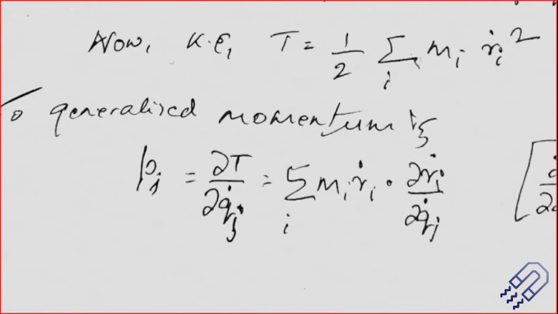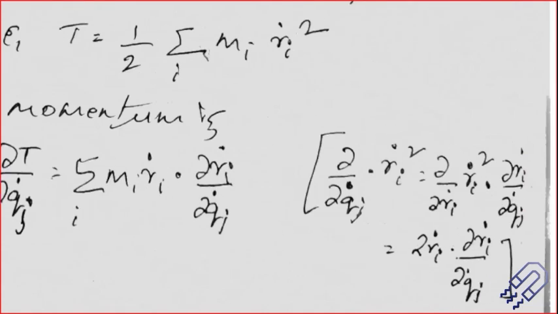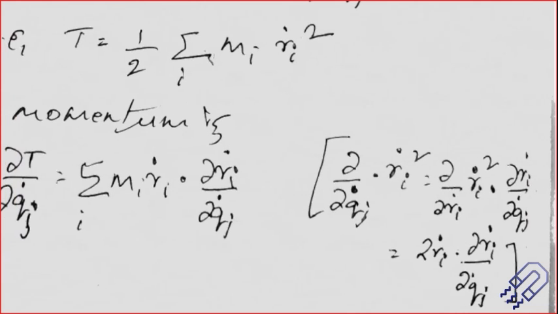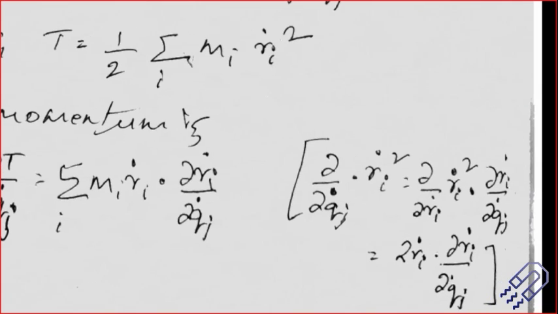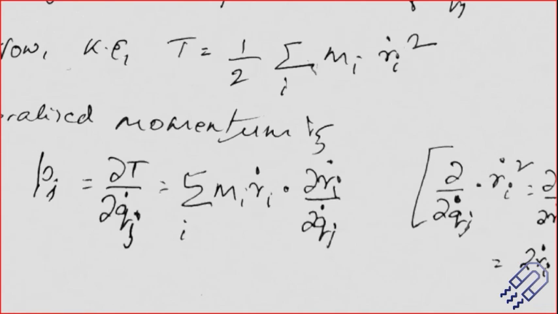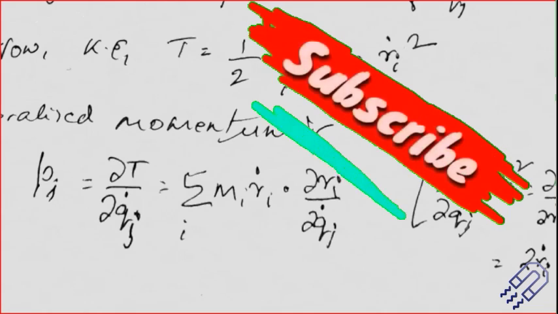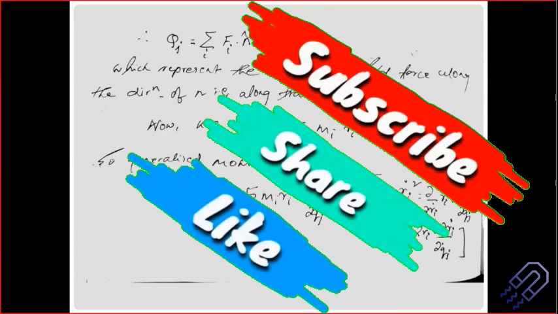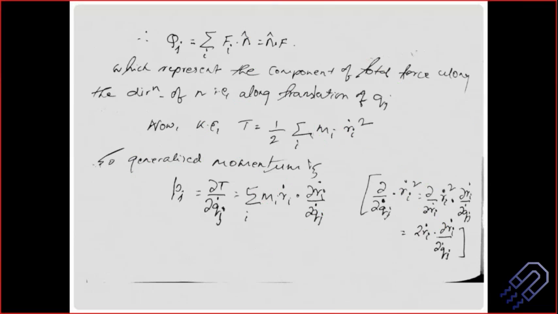Let's replace T by half summation mi Ri dot squared, and if you take del by del Qj dot of Ri dot squared, you get 2 Ri dot del Ri dot by del Qj dot. Please do it, and you see that this is mi Ri dot delta Ri dot by delta Qj dot. This is where we stopped yesterday, and we will continue from here.